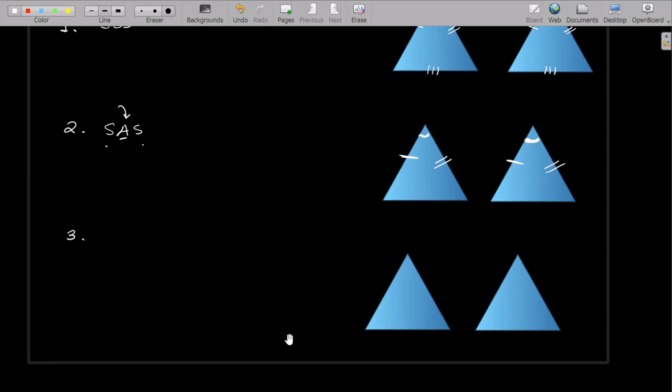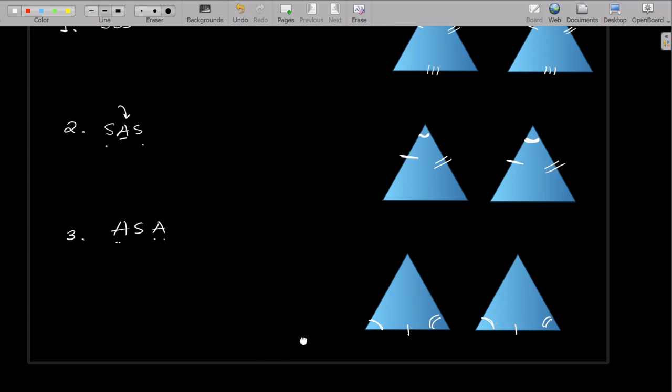This time you will have two angles. Let's say this angle is congruent to this one, this one is congruent to this one, and then again the side has to be the included side. That means it has to lie between these two angles. So it has to be this one, not any other side.